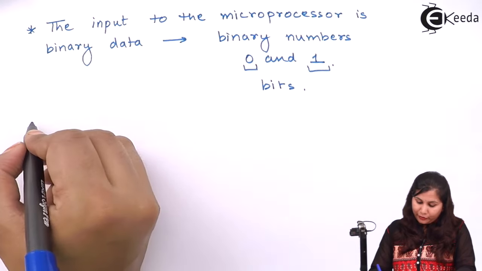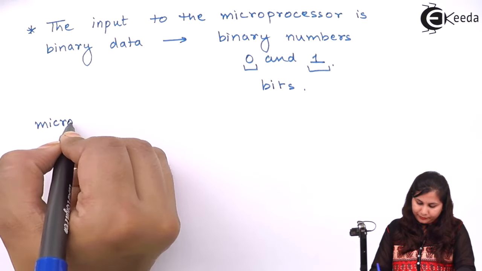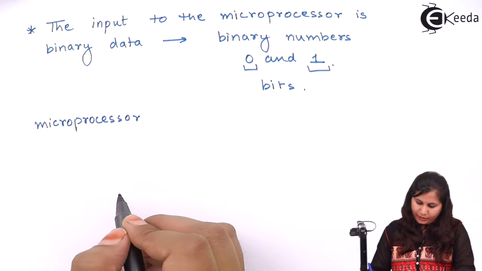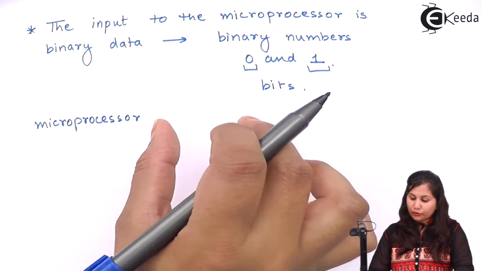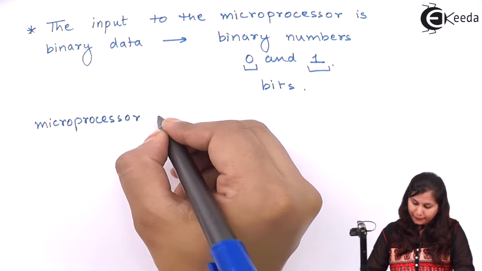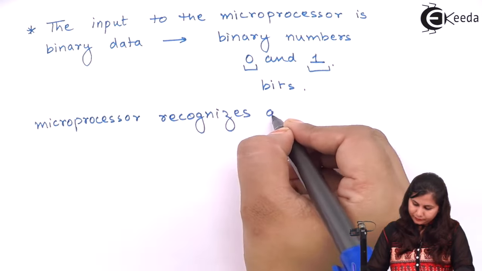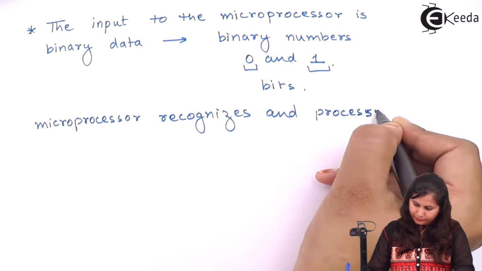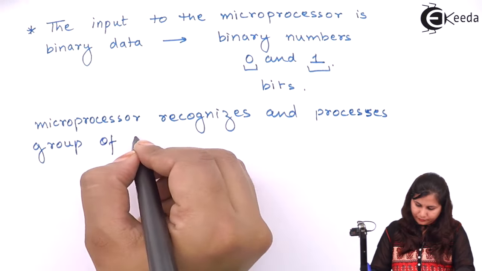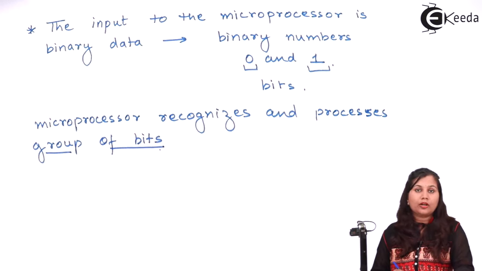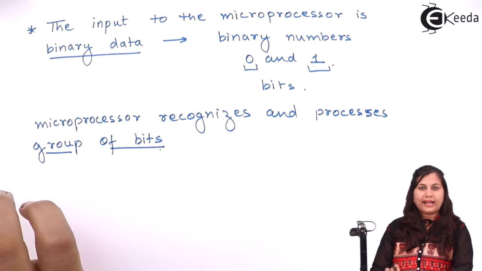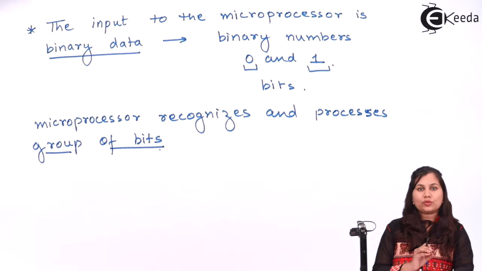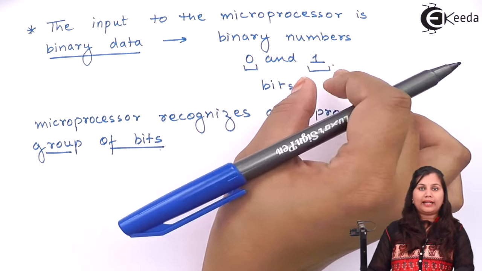Okay, so the microprocessor recognizes and processes these binary numbers or groups of bits, because the input to the microprocessor is binary data, or we can say that the microprocessor understands only binary numbers, that is, the combination of 0 and 1.